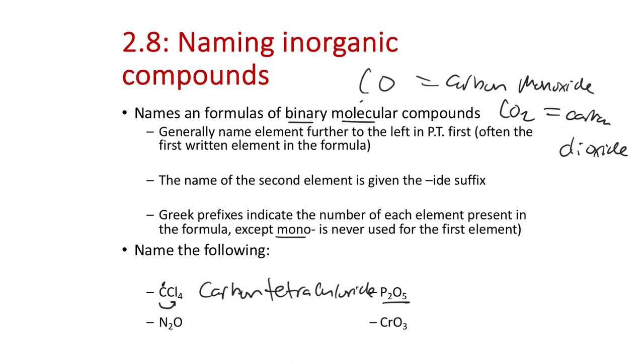So P2O5, diphosphorus. The first element is just named by the element name, so just diphosphorus, and then we go to the "ide" ending for the second element. So we went chloride for CCl4, so this would be pentaoxide.